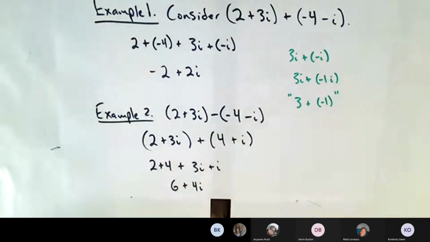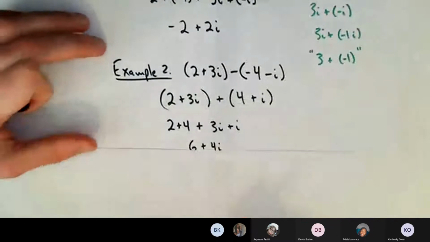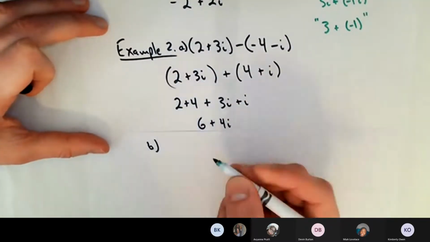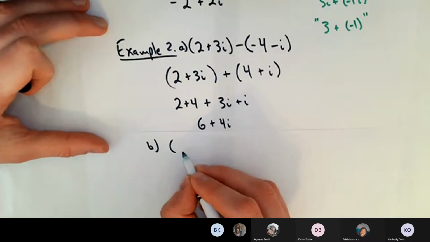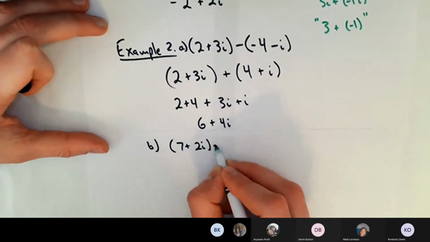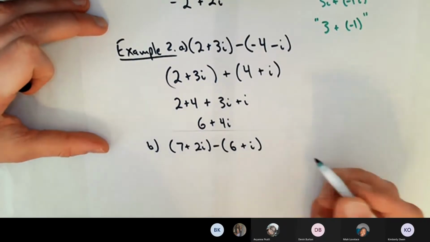Okay, let's do another subtraction one so you can see what I did there again. How about we call that number part A, and let's call this part B. Let's do 7 plus 2i minus 6 plus i.